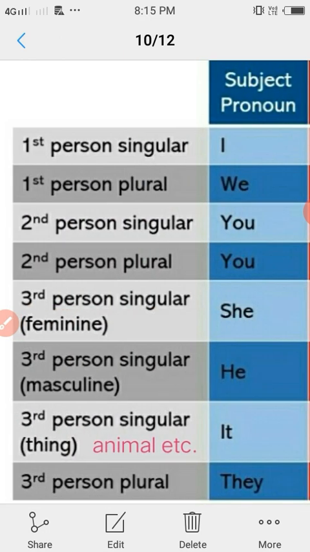Let me clear the concept of person first. So here, if I am speaking with Mahesh, I myself will become the first person as I am speaking. Mahesh is listening to me, so Mahesh will be the second person.